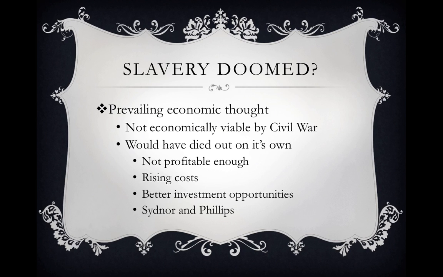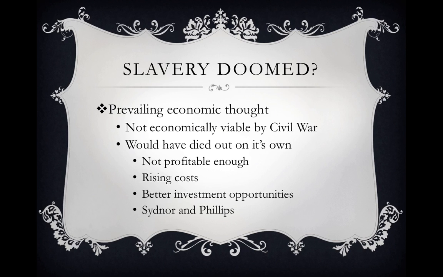And the argument was that this is the main input for the slave labor system, that this increasing price and the increasing cost associated with slaves was undermining the profitability of the plantation labor system, and as this price increase continued upward, this would have undermined the profitability. Also, the fact that investments in other opportunities were better.